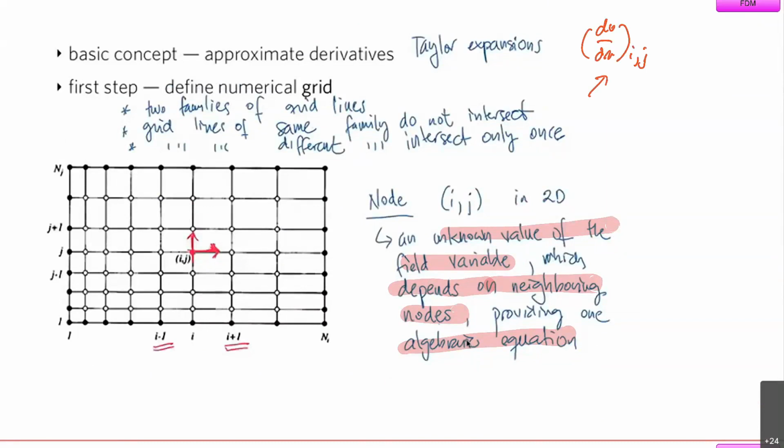From this grid, what we are trying to do is define the nodes i and j. This is in 2D, and the unknown value of the field variable, which depends on the neighboring nodes, provides one algebraic equation. I think this is the end target you have to understand: we want to have algebraic equations.